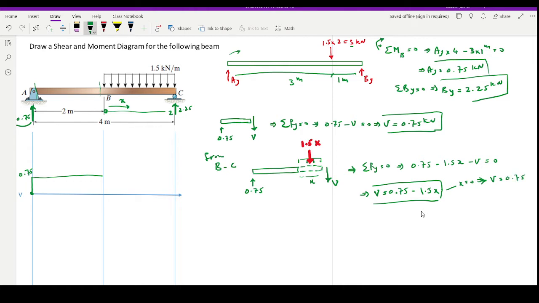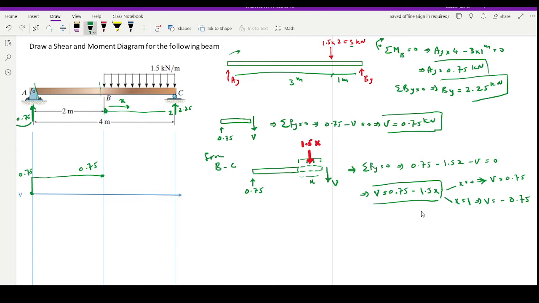From there, you can see V is going to become equal to just 0.75. So 0 is point B. At point B, you can see that my value is 0.75. That's correct, so it's checked. If I put x equal to 1, then V is going to become 0.75 minus 1.5, and that's going to be negative 0.75.